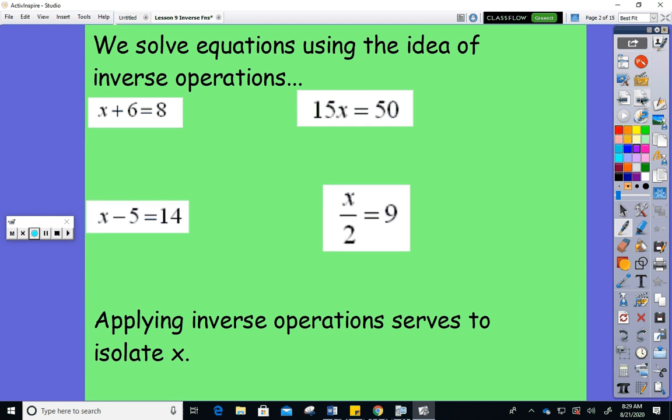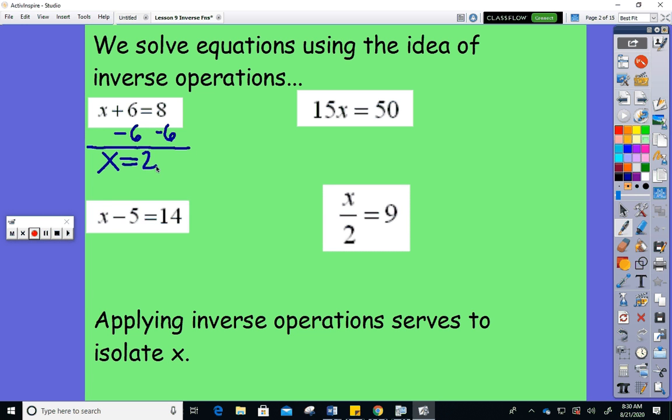So when we were in Algebra 1 and even pre-algebra, you learned to use the idea of inverse operations in order to isolate x. I'm going to draw a parallel to what we're doing today. So I know, for instance, on this first equation, that if you want to isolate x, it's x plus 6. So the opposite of adding 6 would be to subtract 6, right? And when you do that, you isolate x.